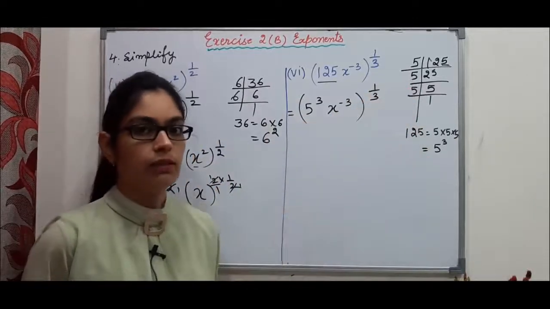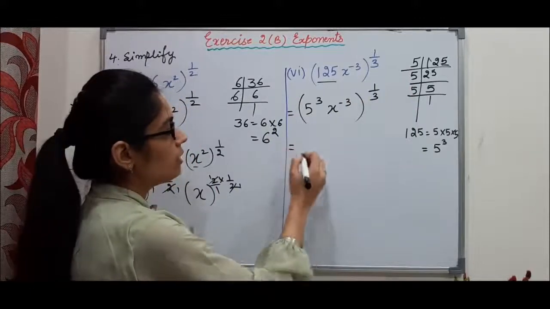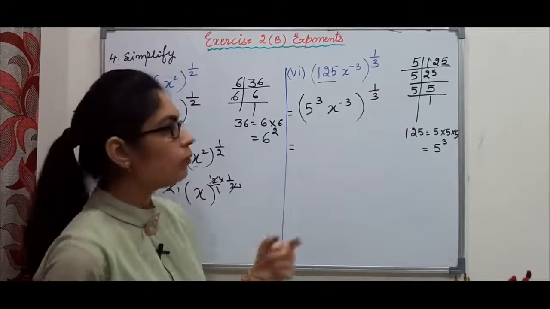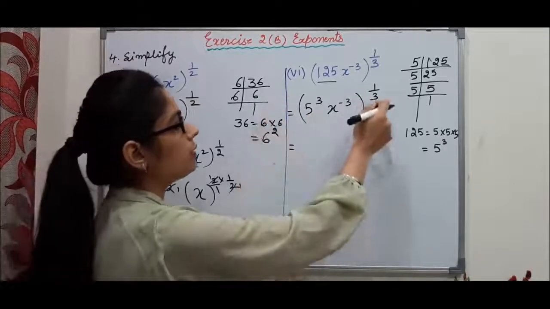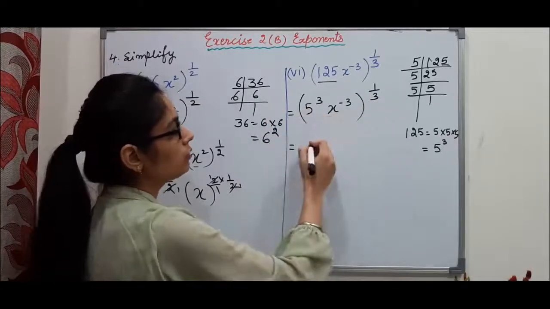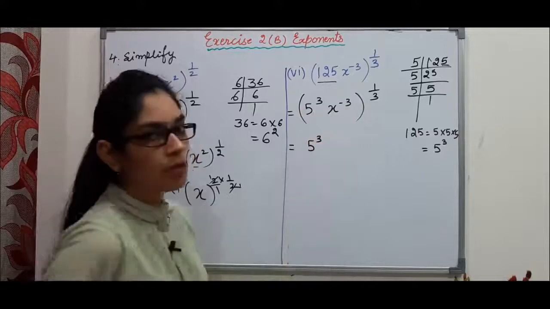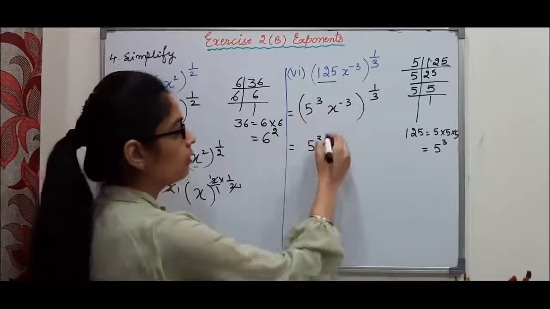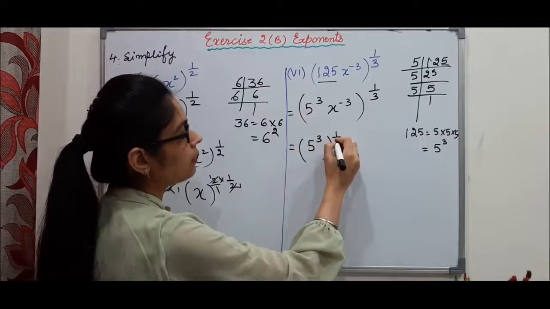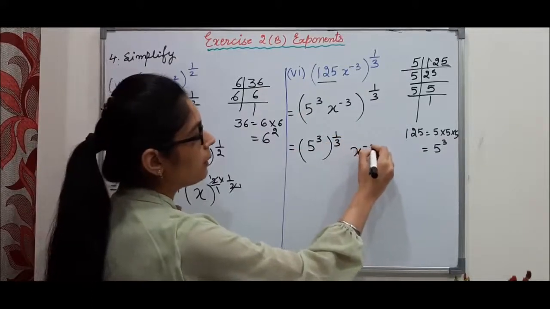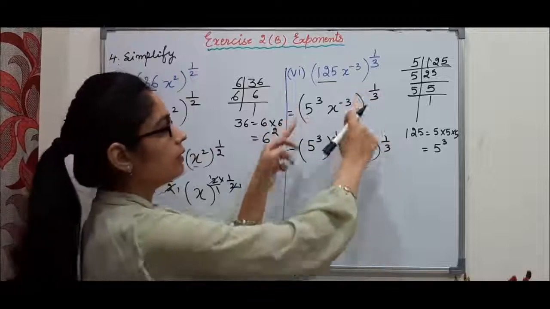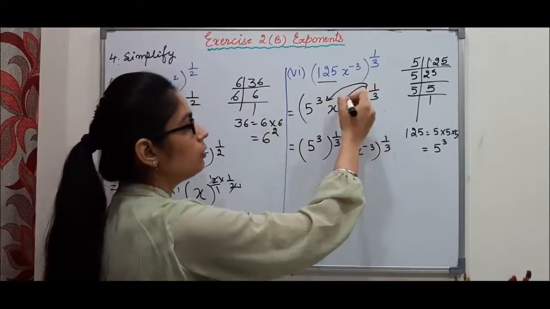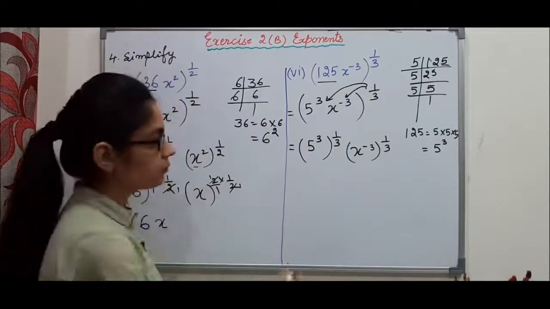Like we have done in the previous question, same way in this question also we can write the powers separately, because this 1 by 3 is with this also, with this also. So separately we can write 5 to the power 3, whole power 1 by 3, x to the power minus 3, whole power 1 by 3. This bracket is telling us that this 1 by 3 is with both the numbers.